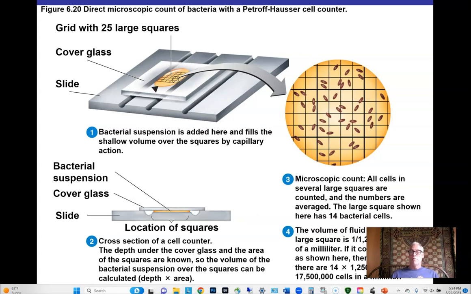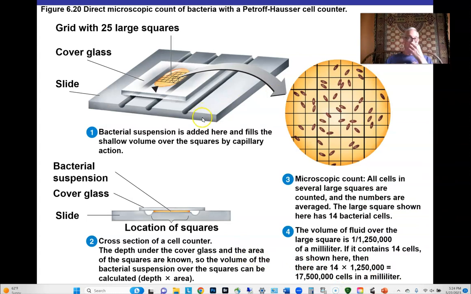Direct microscope counts. In this case, we have what's called a hemocytometer, or something similar. It's a slab of glass, and it's better to look at this drawing. It's a slab of glass with a couple of little wells. See, there's grooves along it, and those grooves are shown here.